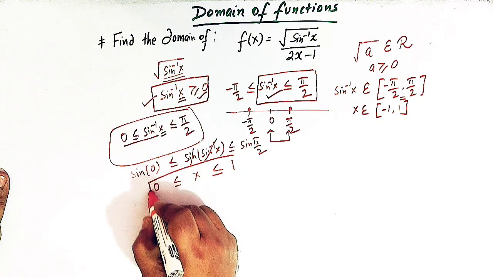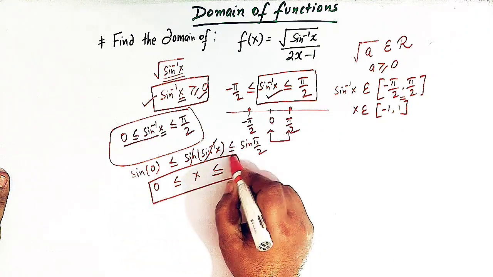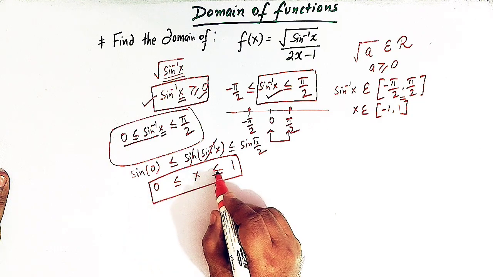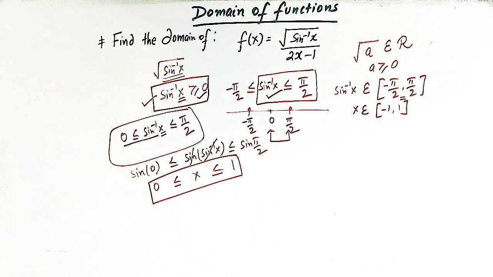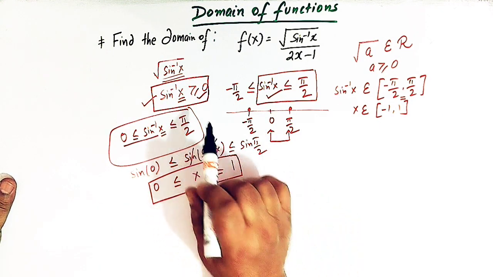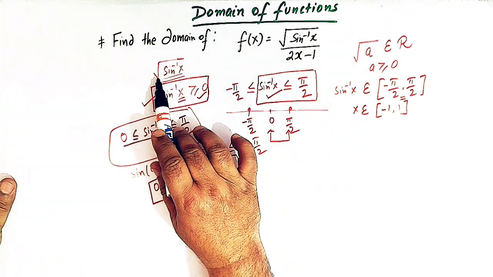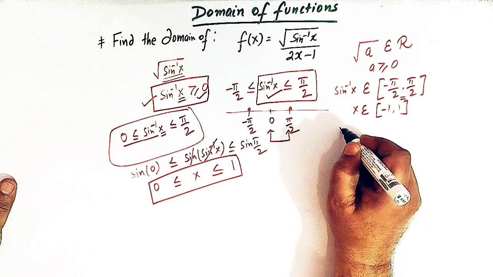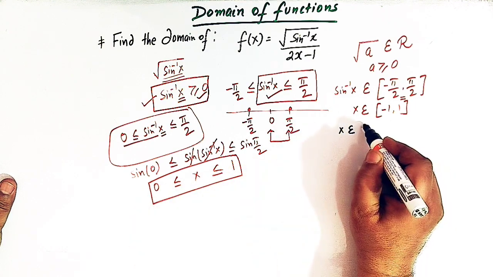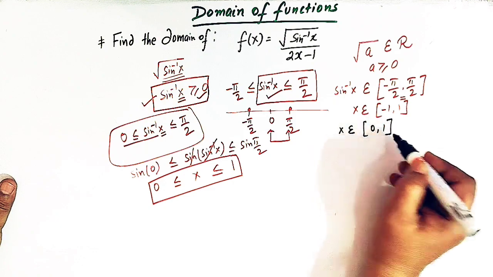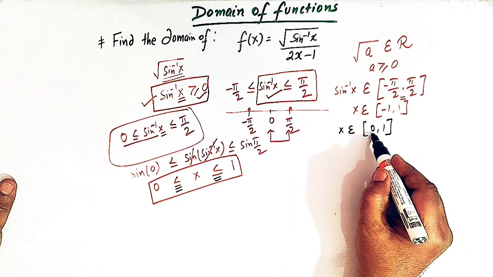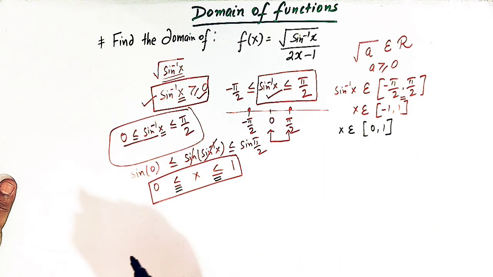So now we have obtained this inequality, that is x is greater than or equal to 0, but it is less than or equal to 1. So now we have obtained the domain of square root of sine inverse x as x belonging to this interval, that is 0 to 1. And remember, here we have the equality, so these 2 points are included, right?